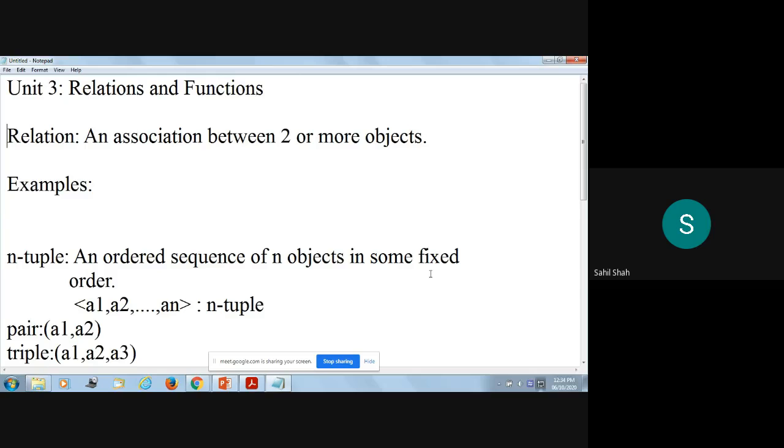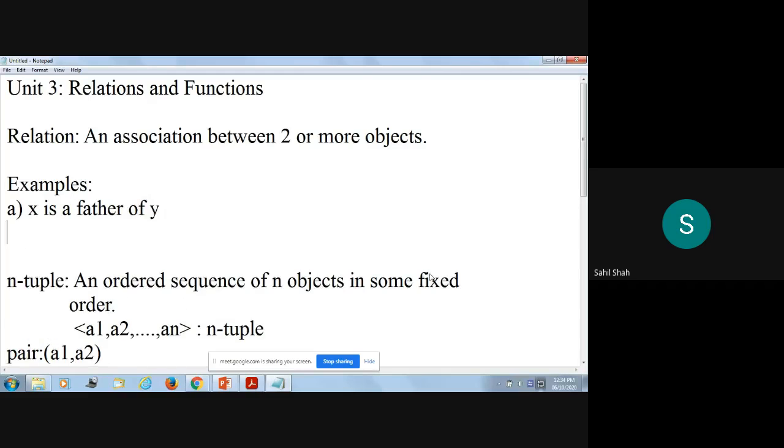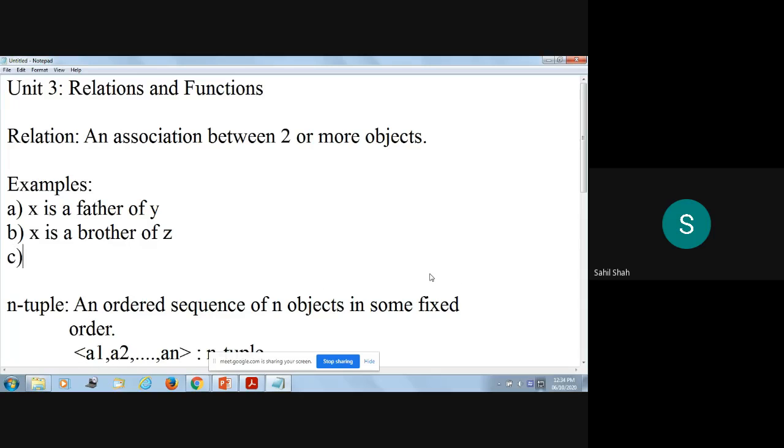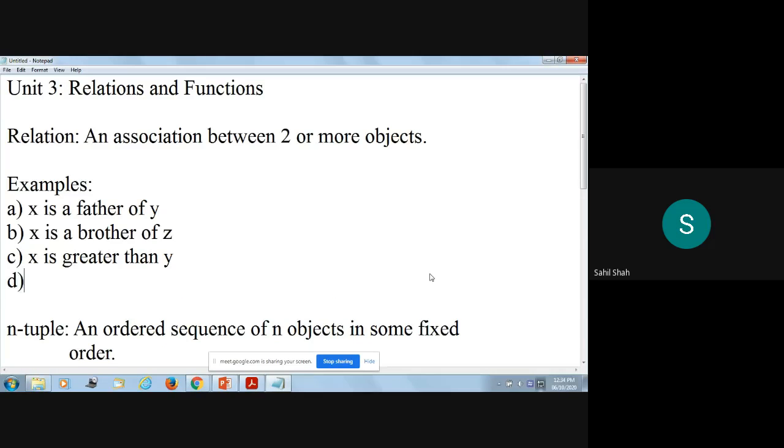So what are the various examples of relations? Let's have an example. If I say X is father of Y. Second, let me say X is a brother of Z. Next, let me say X is greater than Y. I have written these in the form of statements and not in the form of symbols deliberately.